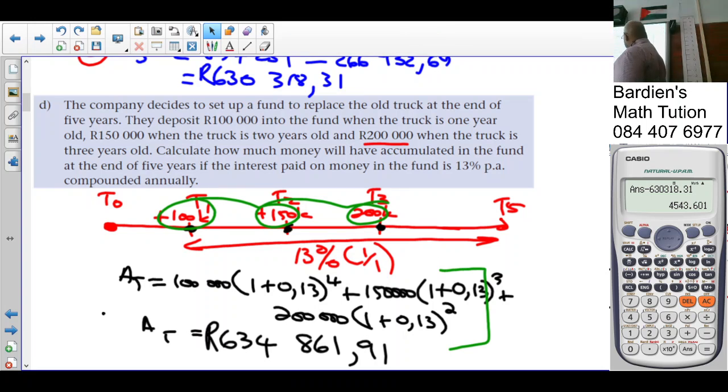So we're going to say, okay, that was that amount minus, so that is 634,861 and 91 cents minus the first deposit of 100,000 plus 150,000 plus 200,000, so they made 450,000 rand investment. Not so? So the interest earned on that investment is 184,861 rand and 91 cents.